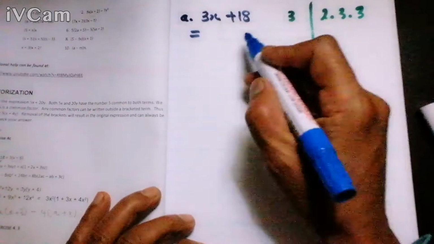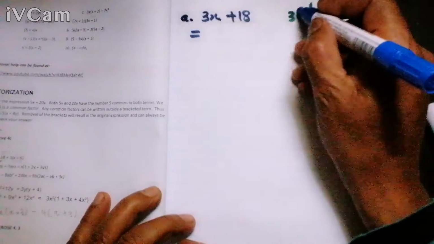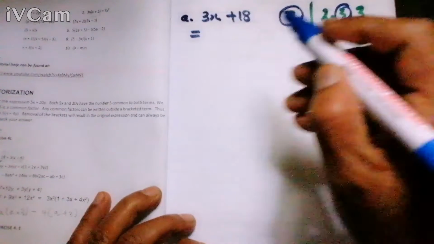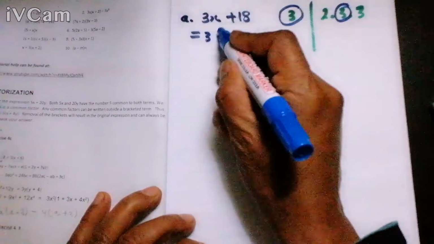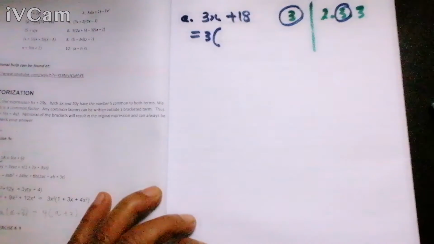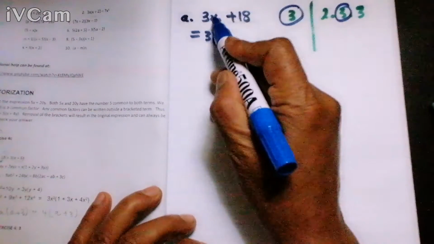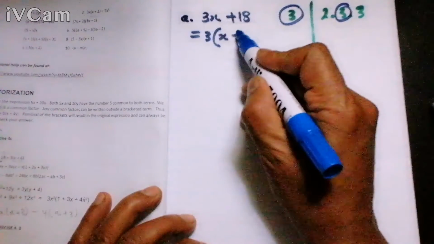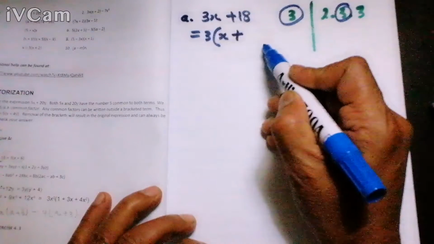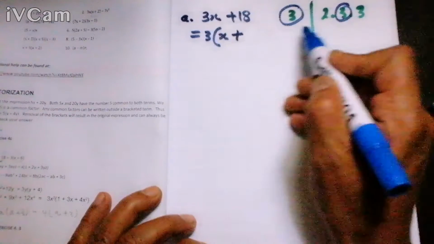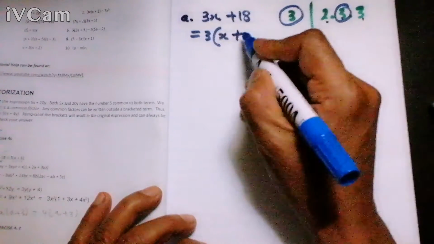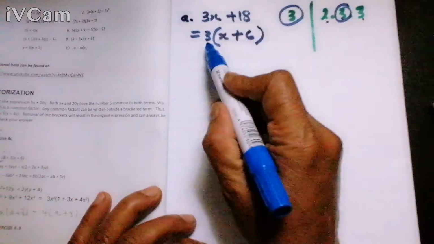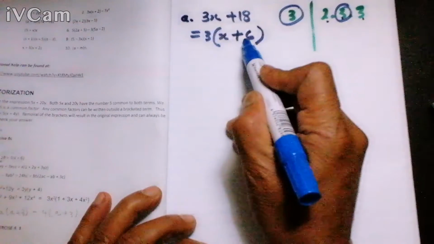The only thing that's common to these two terms is the number 3. So I'll write down the 3 once, and what is left here is 3 times something giving me 3x, so it's going to be the x. Plus, I've taken out the 3, so what is left here is just 2 times 3, which is 6.